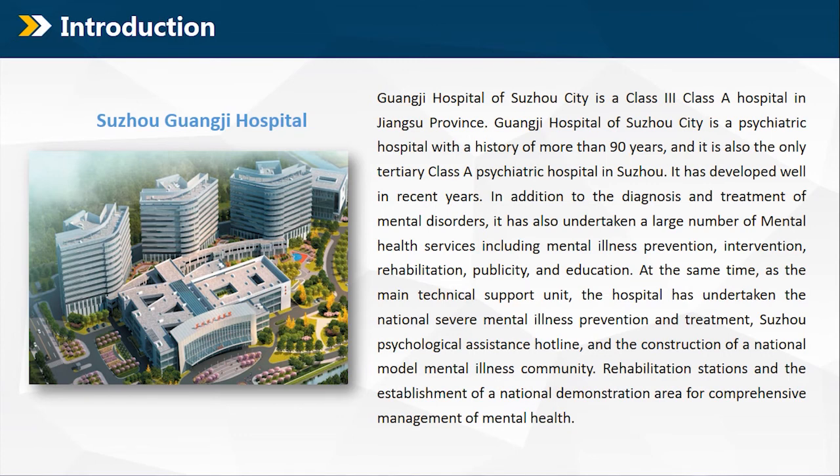The hospital has undertaken the National Severe Mental Illness Prevention and Treatment, Suzhou Psychological Assistance Hotline, and the construction of the National Model Mental Illness Community, rehabilitation stations, and the establishment of a national demonstration area for comprehensive management of mental health.